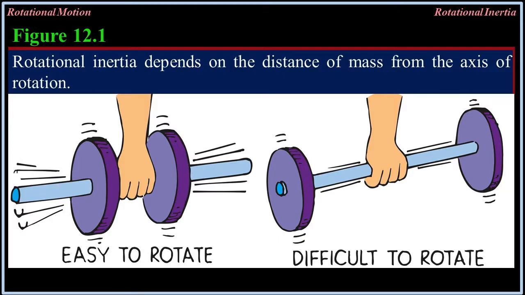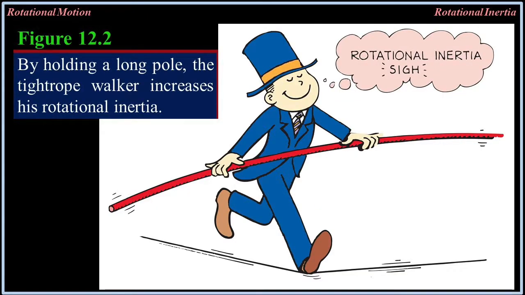The greater the distance between an object's mass concentration and the axis of rotation, the greater the rotational inertia. The tightrope walker shown in Figure 12.2 increases his rotational inertia by holding a long pole, allowing him to resist rotation.